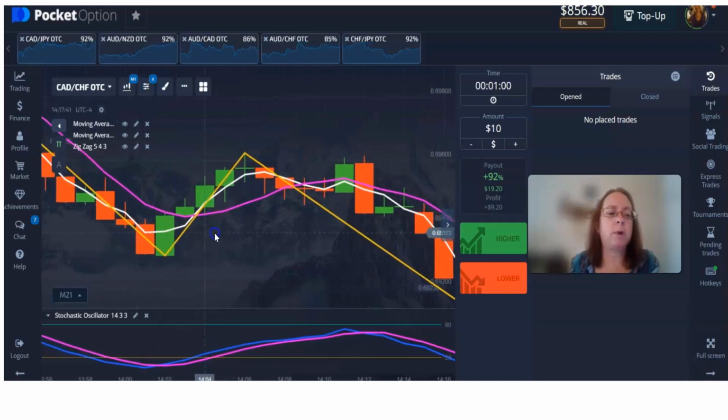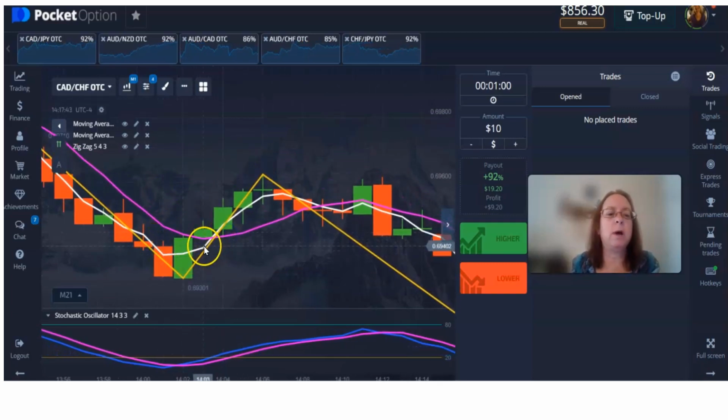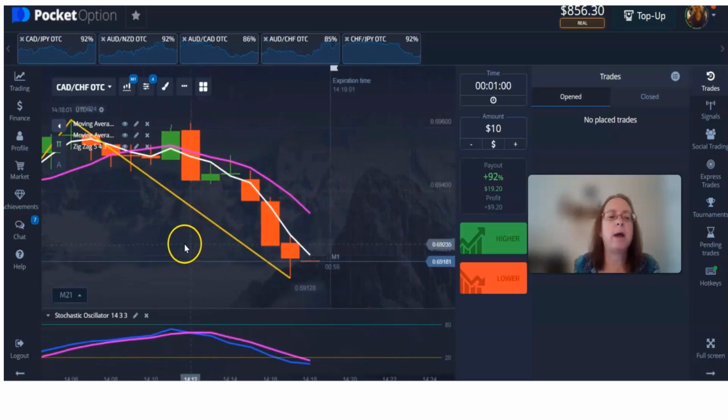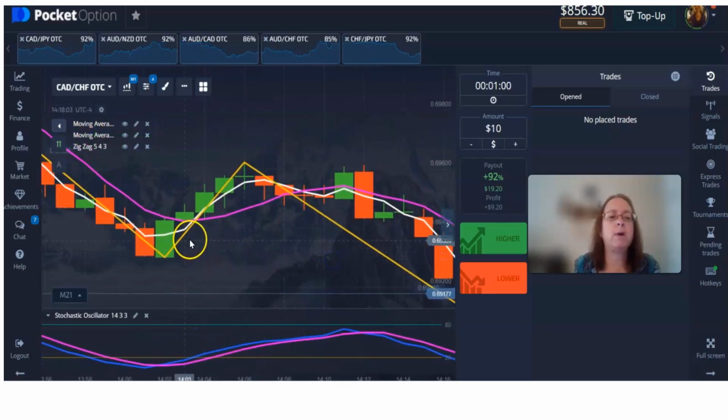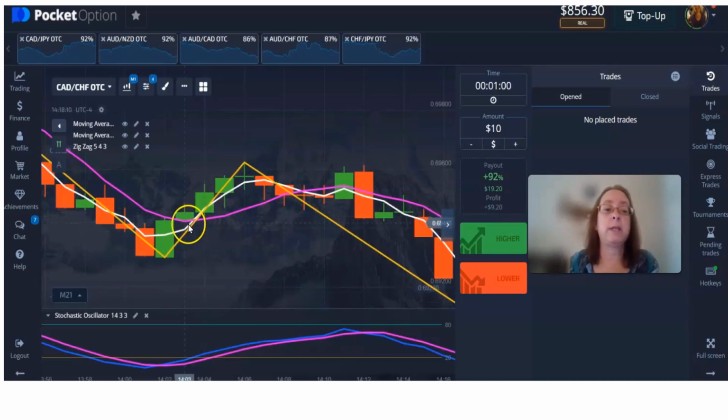The first thing you're going to want to be looking for is the white moving average, the 3, crossing the purple, or whatever color you have it at, at the same time as the stochastic is crossing. As you can see right here, it's doing both in this candle. Also, when you're seeing that the zigzag as well as both of the moving averages are crossing all in the same candle, that is a definite indication that the trend is going to continue in that particular direction.